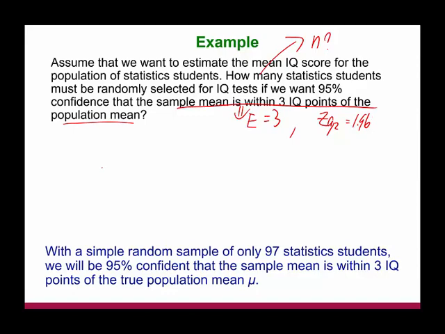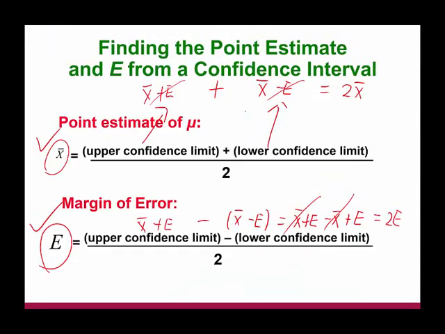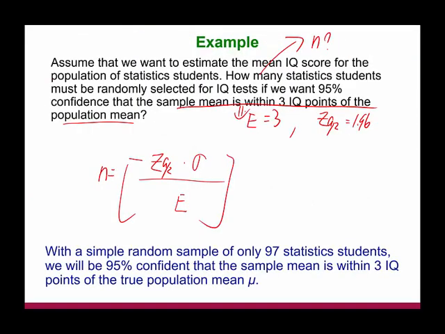According to the formula for estimating sample size, n equals z alpha over 2 times sigma over margin of error, squared. Let's take a look at the sigma here. Probably it's omitted from the question.